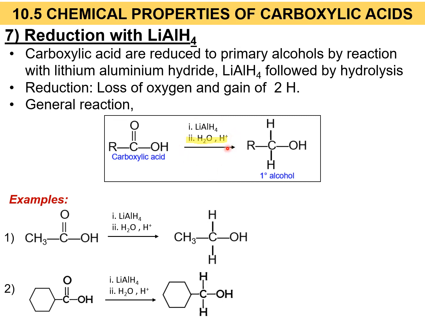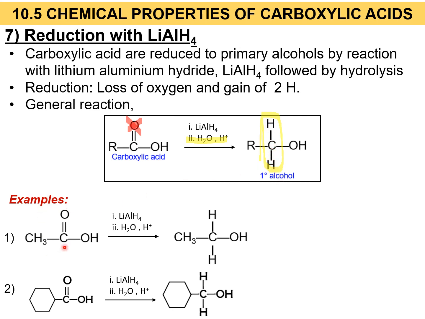Okay, so what happen here, bila dia buat reduction reaction, dia akan lose oxygen and gain 2 hydrogen. Kiranya dia akan lose this oxygen, lepas tu dia akan dapat 2 hydrogen. So that's why bila dia dapat 2 hydrogen dekat the carbon atom ni, you dapatlah alkohol. Okay, ni dia lose oxygen, dapat 2 hydrogen because dia buat reduction reaction.